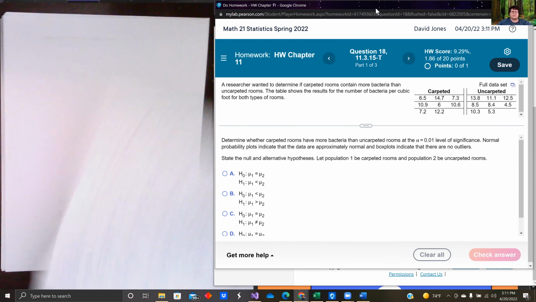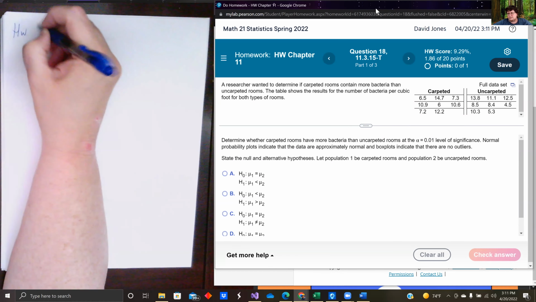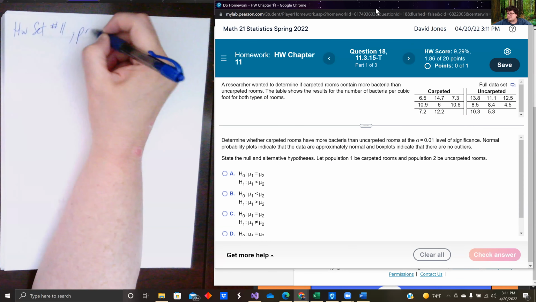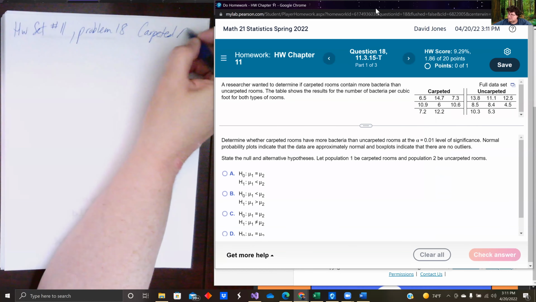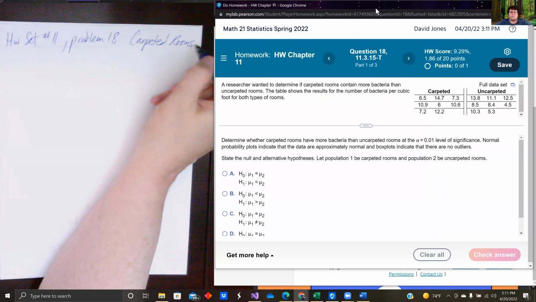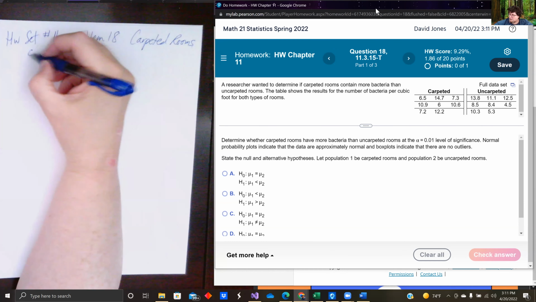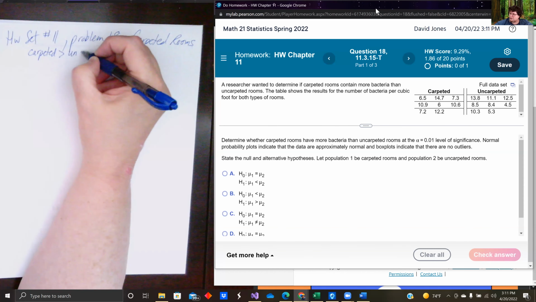So a researcher wants to determine if carpeted rooms contain more bacteria than uncarpeted. I'm going to make a little note of that. Carpeted having more bacteria would be greater than. Carpeted is greater than uncarpeted.